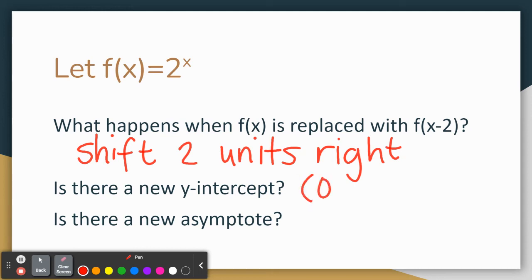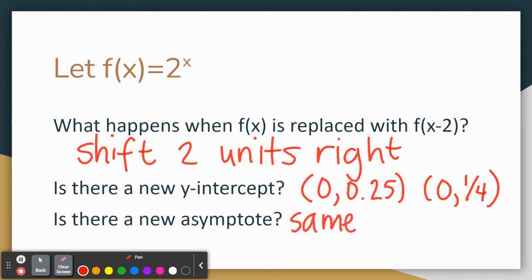The y-intercept was 0, 0.25, or we can give the fraction, which is 1/4. Is there a new asymptote? No, it's the same, which is y is equal to 0. All right, so the numbers inside the parentheses determine whether we move left or right.